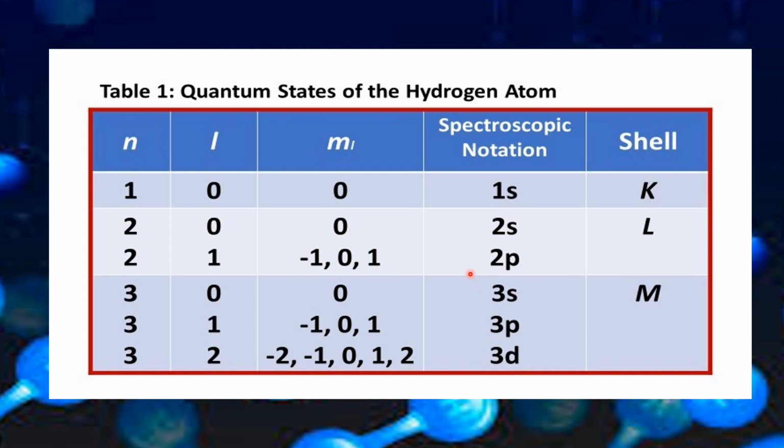So in terms of spectroscopic notation, these can also be described as 3dz squared, 3dxz, 3dyz, 3dxy, and 3dx squared minus y squared.